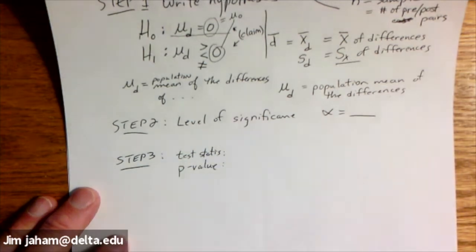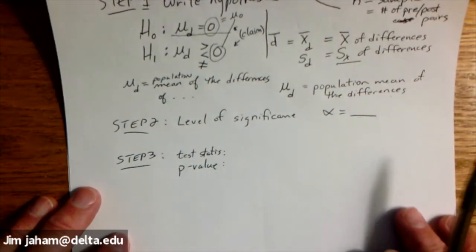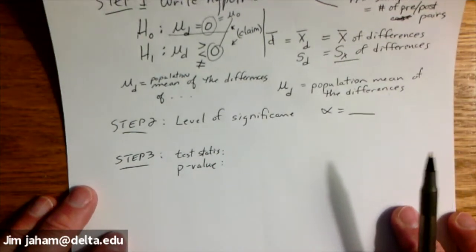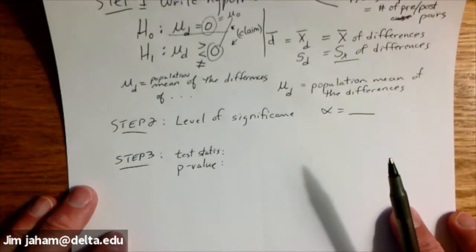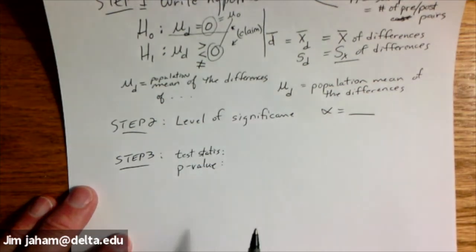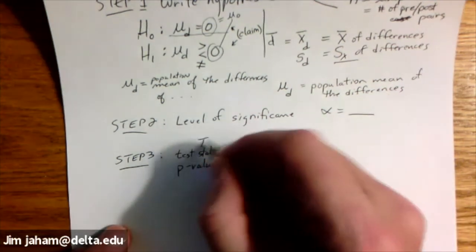And even though this is in chapter 11, where we're comparing differences in two population means, those means are dependent. And so we can reduce the test down to a t-test on a single measure. And so we're going to use the same procedures that we used back in section 10.3, and that is the t-test.